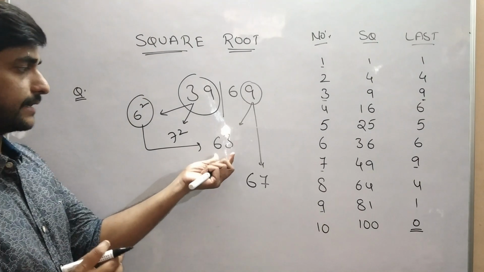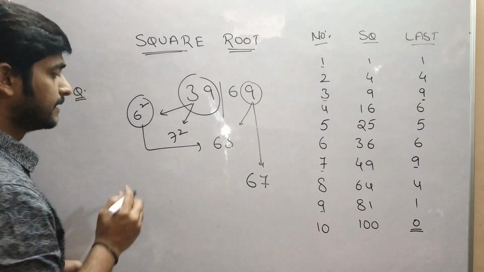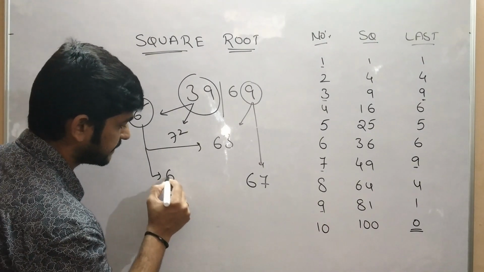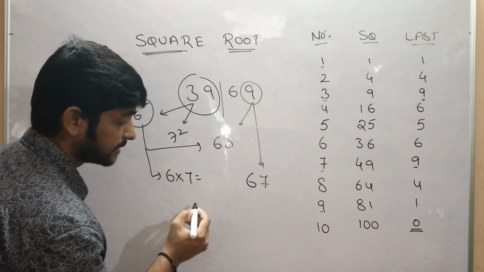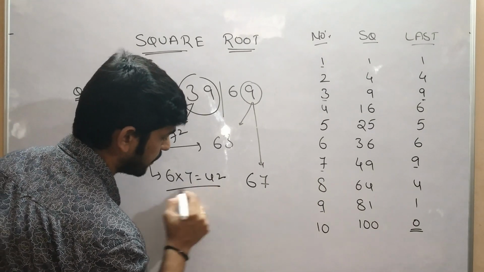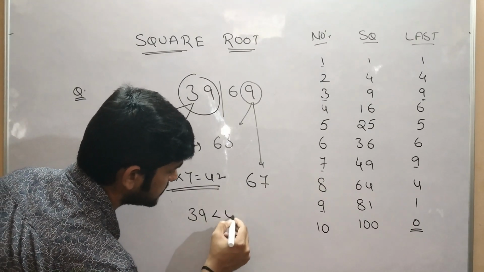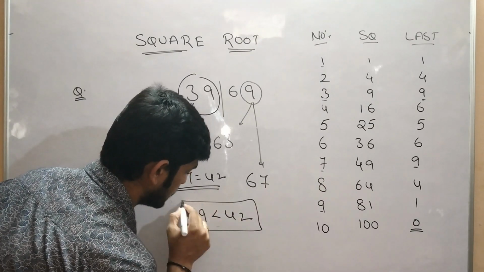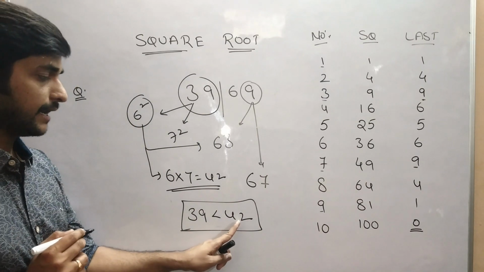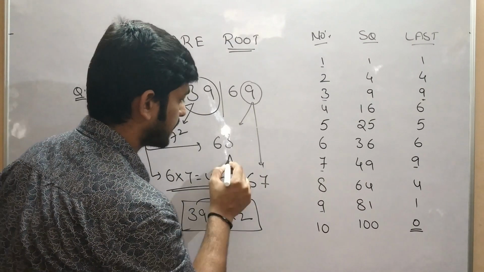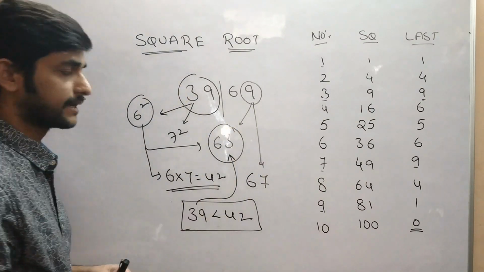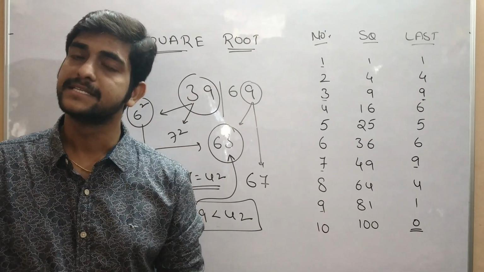So the answer must be either 63 or 67. To decide whether it is 63 or 67, we multiply 6 with the next number. Here we get 42. Now consider this number. 39 is less than 42. So we are considering the least number. So the answer for the question is 63.